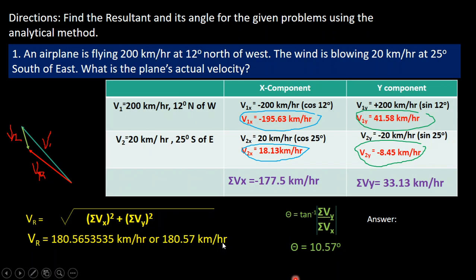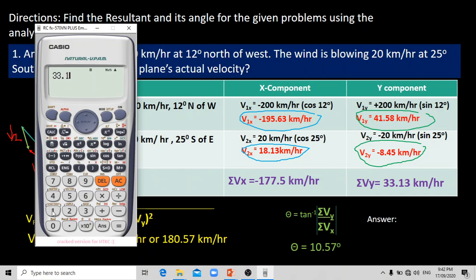So how to plug it into our calculator: we have the summation of vy, which is 33.13, and then divided by negative 177.5, but the negative sign here won't even matter because we will be using the absolute value.